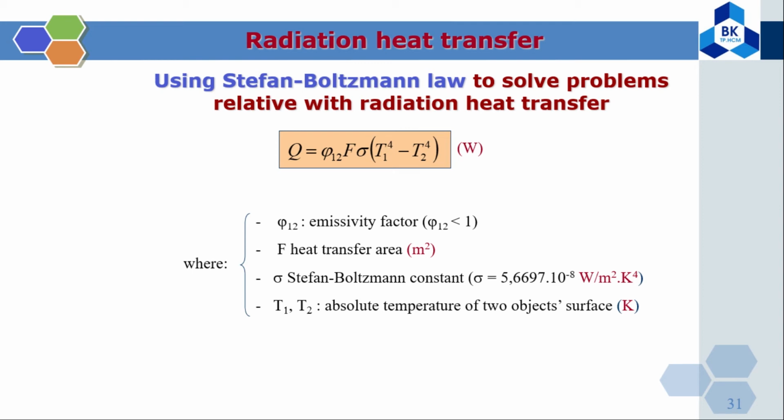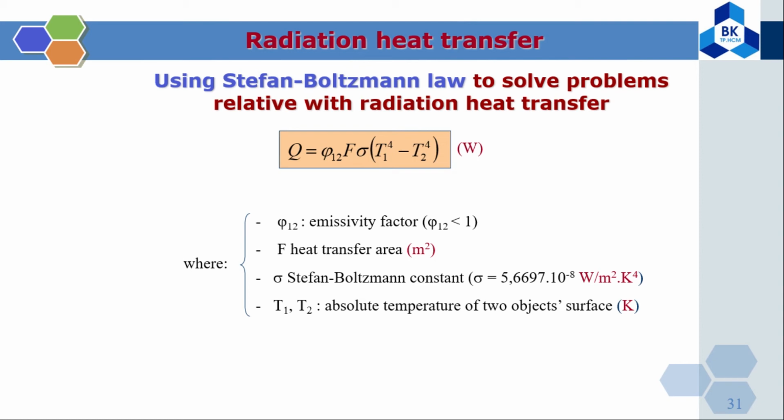So to calculate the amount of radiation heat transfer, we will use the Stefan-Boltzmann law. The formula is Q equal to F12 times F times sigma times (T1 to the power 4 minus T2 to the power 4).